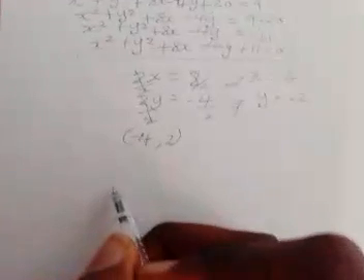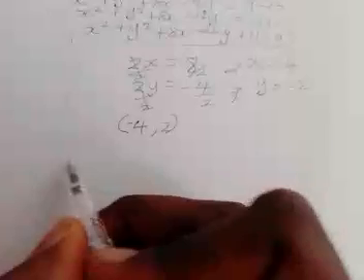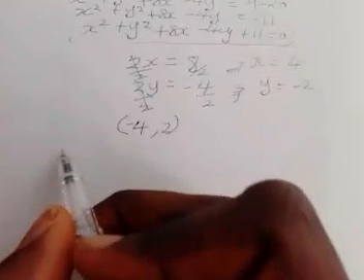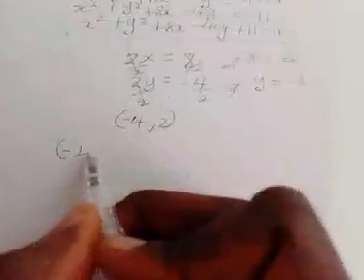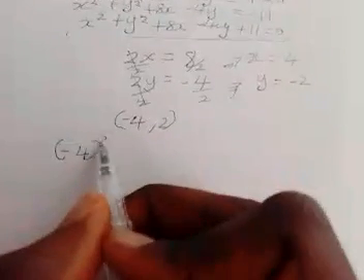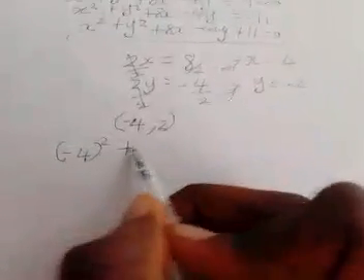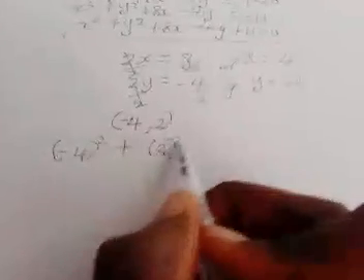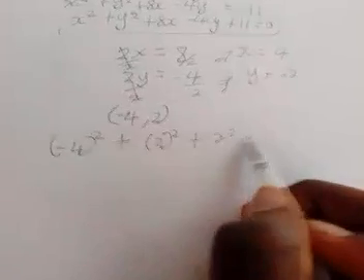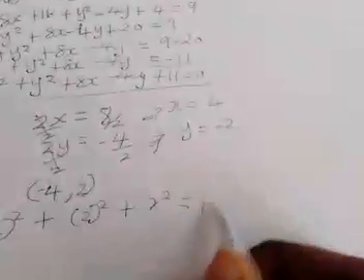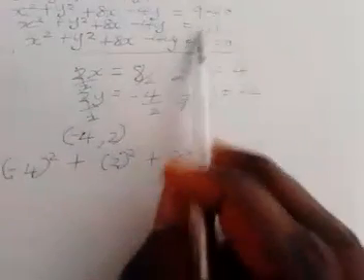And now the next thing, I have to get my radius. And it's very easy to get my radius. I'm going to write down my coordinates and put them in square, so I'll sum them up. And I'm going to introduce r squared equals to this, because I'm working with this equation, so I equate it with this constant term.